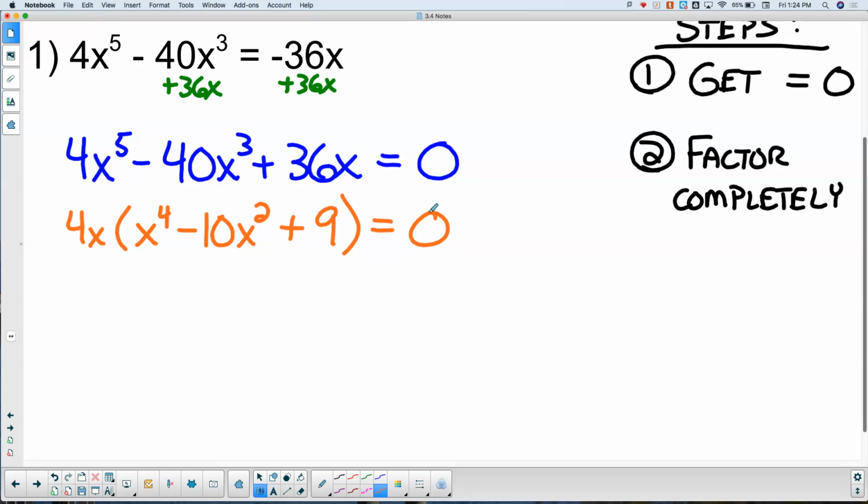Are there two numbers that multiply together to be positive 9 and add to be negative 10? Negative 9, negative 1. So then this would factor to be 4x times x squared minus 9 times x squared minus 1.